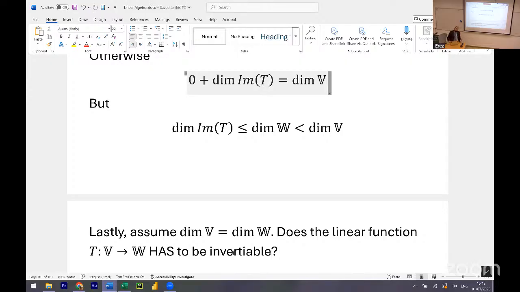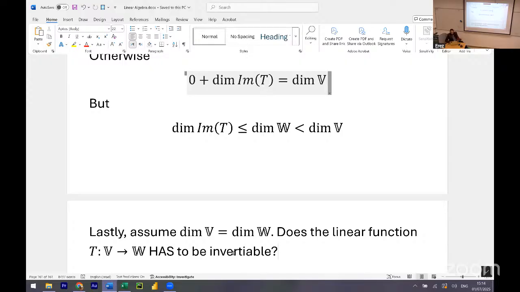We've shown that if the dimensions of the domain and the range are different, the function cannot be invertible. That means that invertible matrices must be square. But now I'm asking whether every function from a domain to a range, which are equal in dimension, has to be invertible? What do you say? It's equivalent to asking whether every square matrix is invertible.